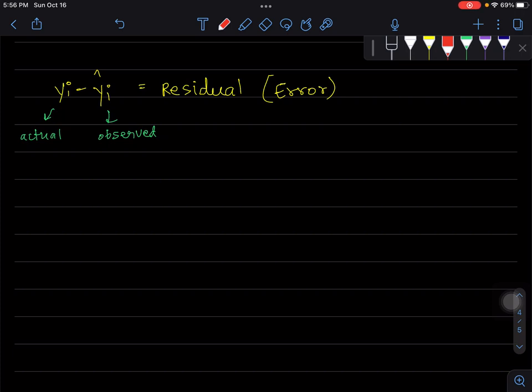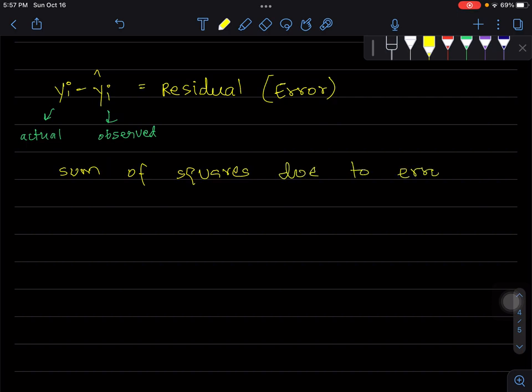And the sum of squares of these residuals or errors is the quantity that is minimized by the least squares method, as we saw in the last video. This quantity is known as the sum of squares due to error.